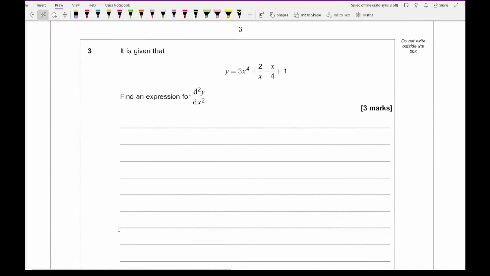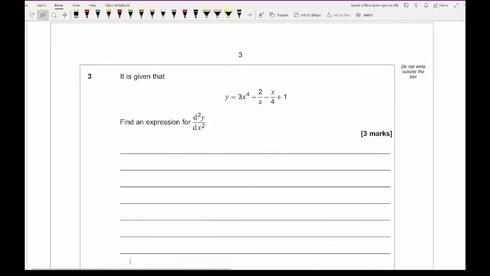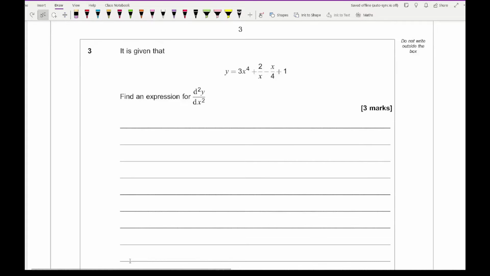Then moving on to question 3, it says that it is given that y equals 3x to the power of 4 plus 2 over x minus x over 4 plus 1. Find an expression for the second derivative. So first things first, it's always good practice to convert the original equation so that we write it in index form.